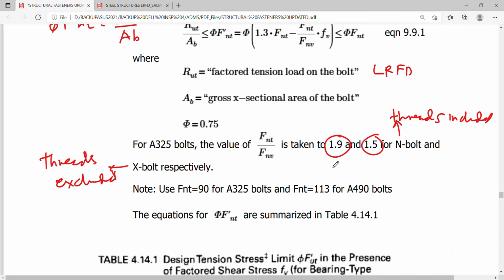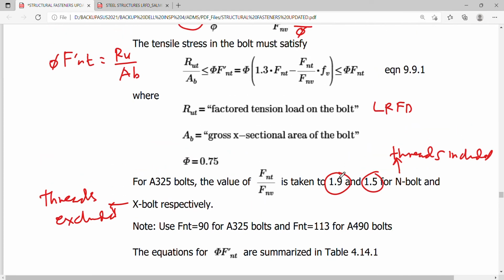You notice that the value for threads included is bigger than the value for threads excluded, because when you have the threads excluded, your area of the bolt will be reduced. So if we are taking stresses, you have a bigger stress when the threads are considered or included.